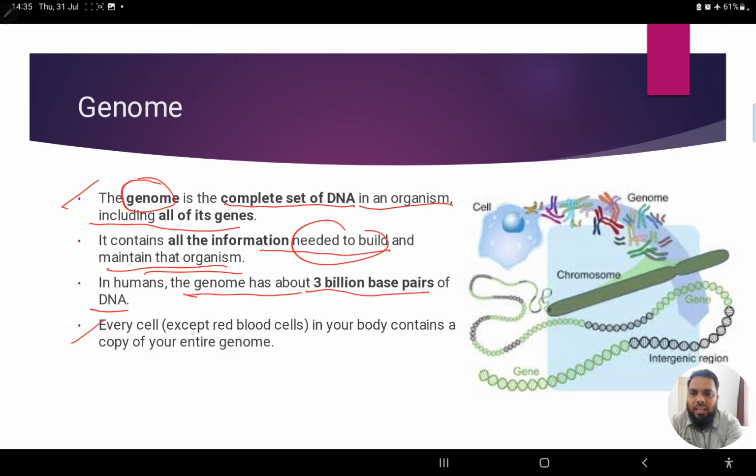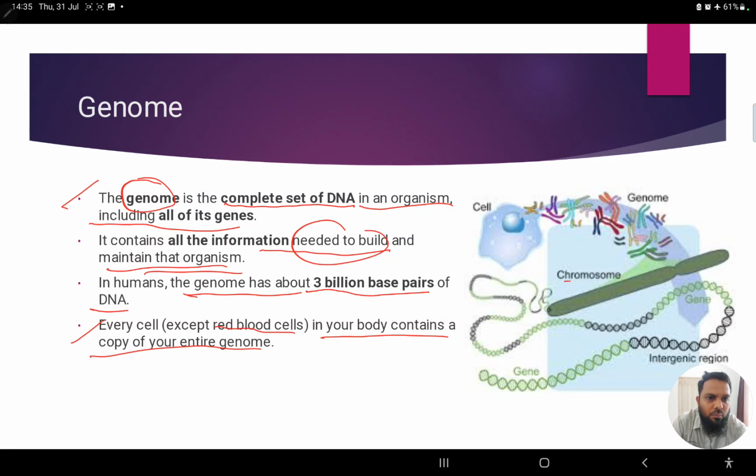Now, every cell except the red blood cell in your body contains a copy of the entire genome. It's a set of code in every cell, and this has to be remembered, except the red blood cells, right? Everything contains a genome, that is the set of all the DNA, right?